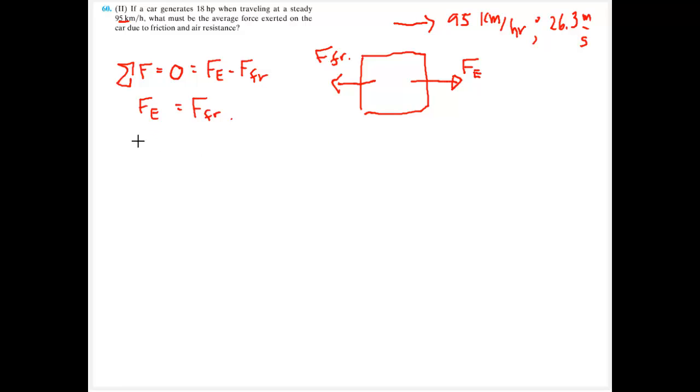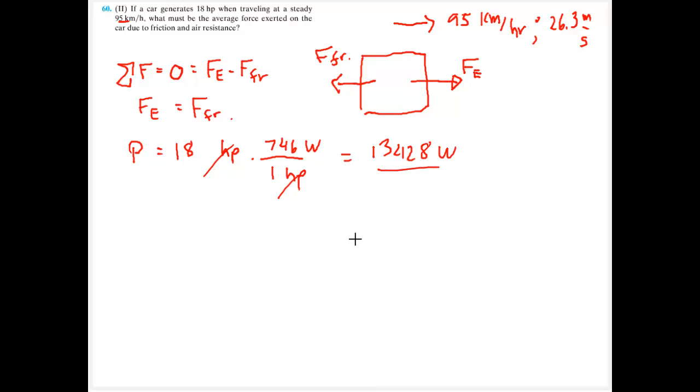Now we know that the engine is generating a power of 18 horsepower, and 1 horsepower is 746 watts. So we get rid of the horsepower units, and we end up with 13,428 watts. That's how much power the engine is putting out.